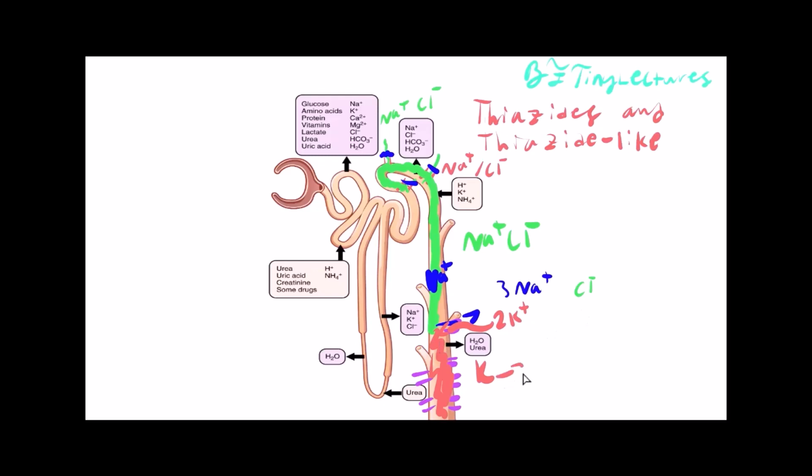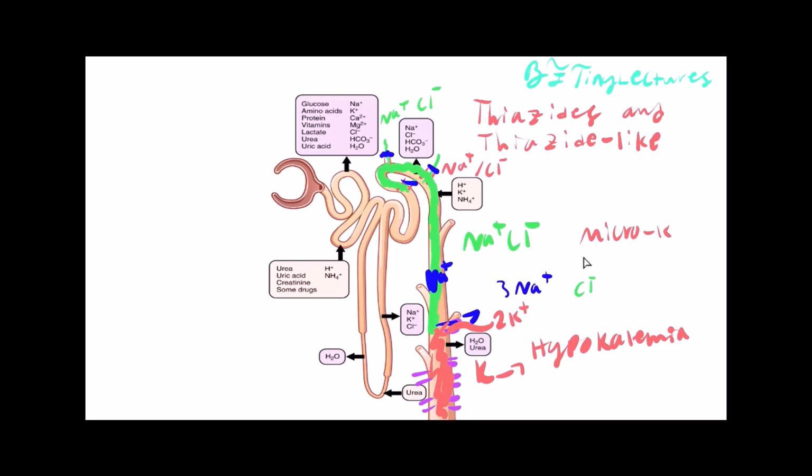So again, this leads to hypokalemia. So you have to be very careful when you're prescribing diuretics to a patient, because over time, the potassium levels are going to be depleted. And so typically you would give micro K, which is just a capsule of potassium, and you give it sometimes to a patient.